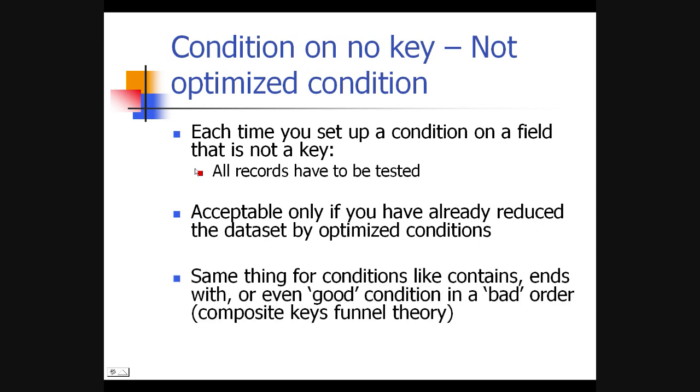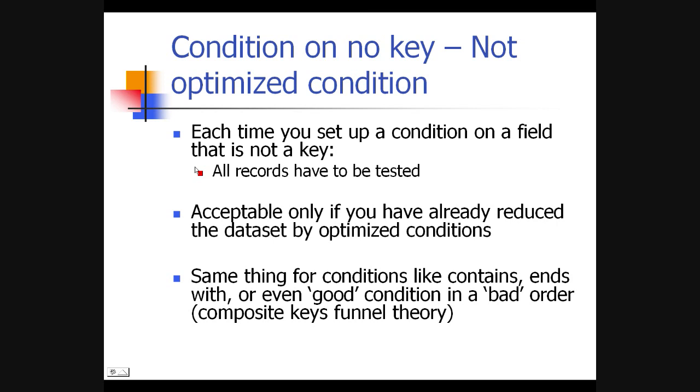And it, of course, is the same thing for a condition like contains and ends with, because for those, the binary tree has absolutely no use to help for fast access, so you have for those conditions to go through all the records.